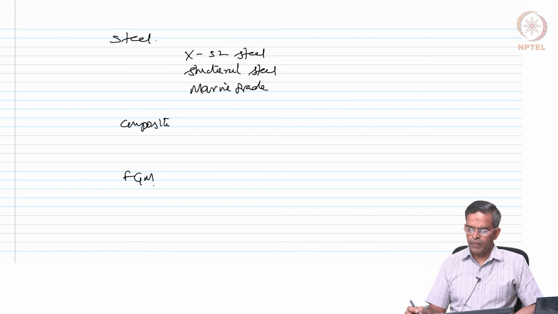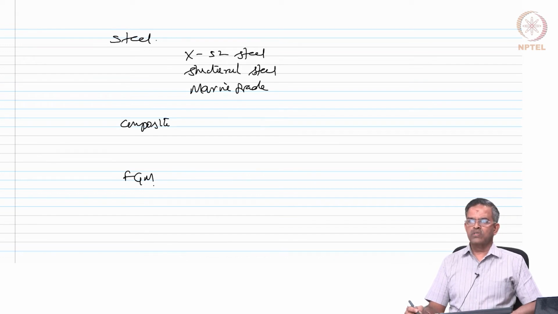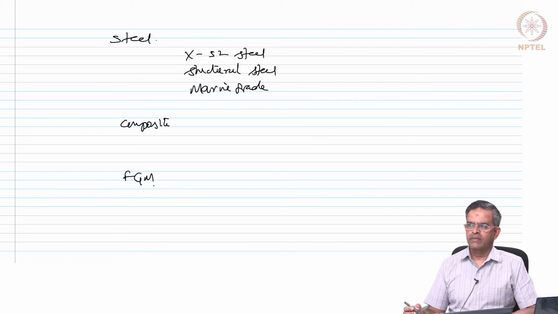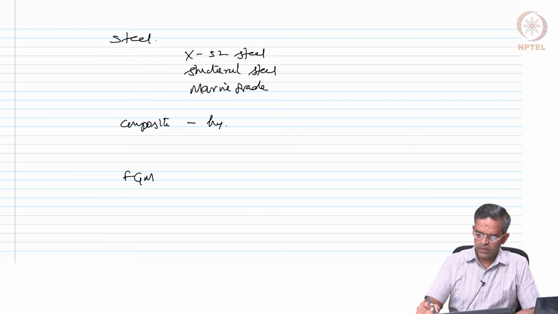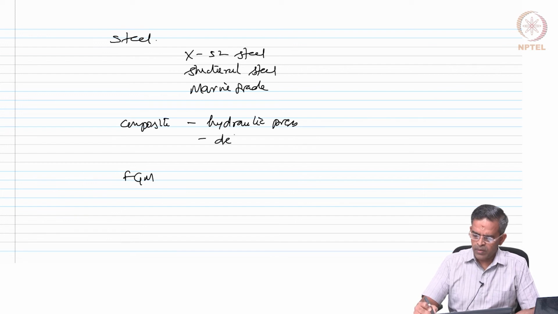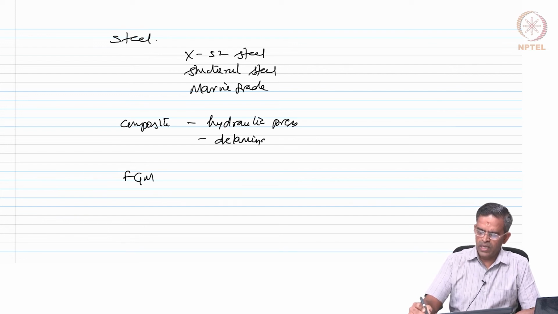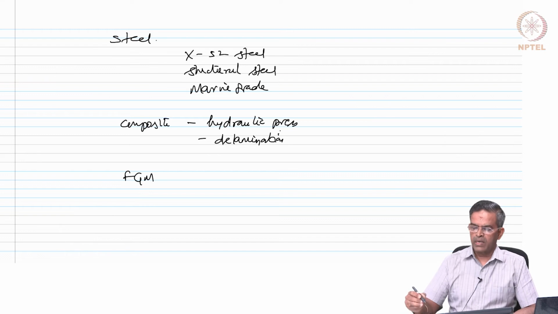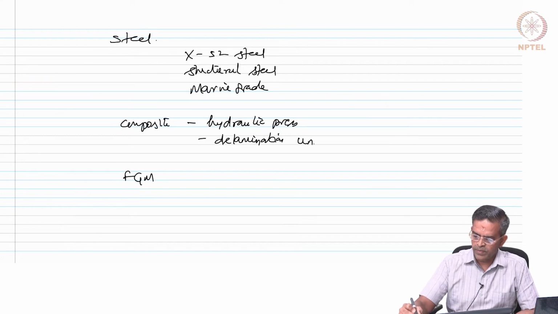When you talk about composites and their use in offshore structures, composite plates are actually fabricated by hydraulic press. So, they have a very serious problem of delamination under high pressure and temperature.